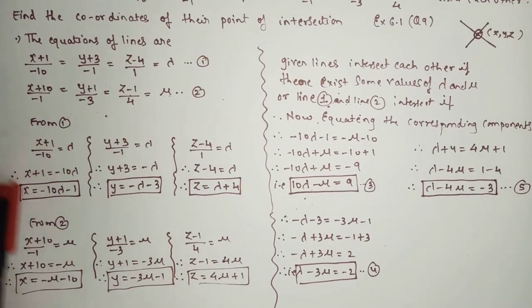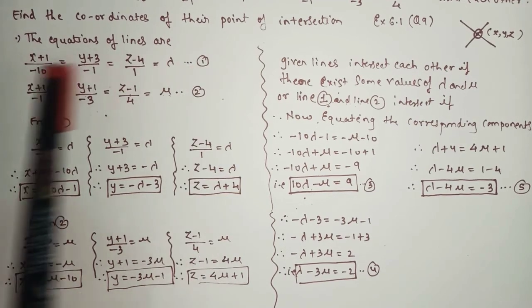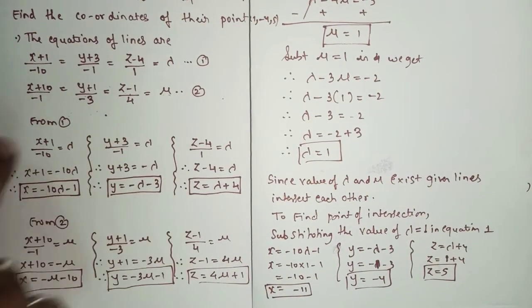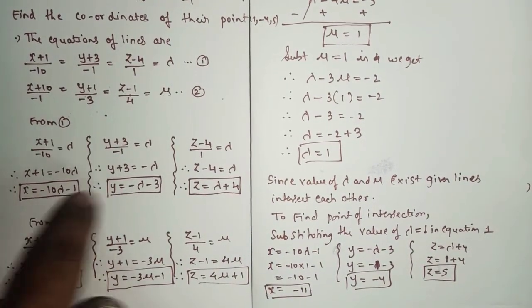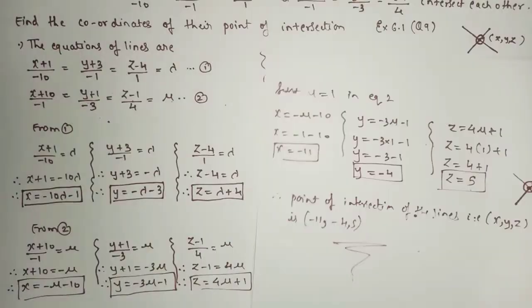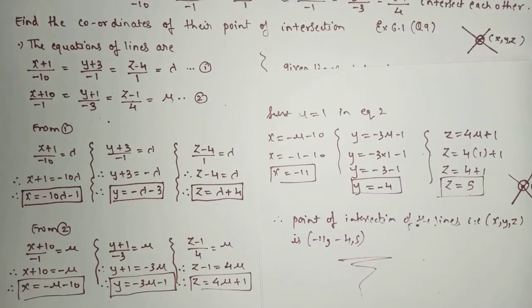Instead of substituting the value of lambda and mu here, you substitute the value here. This also we got from equation number 1 only. So here I substituted the value of lambda which we got from equation number 1. There we saw the values of x, y, and z were -11, -4, and 5. And after substituting the value of mu also, the coordinate was the same.